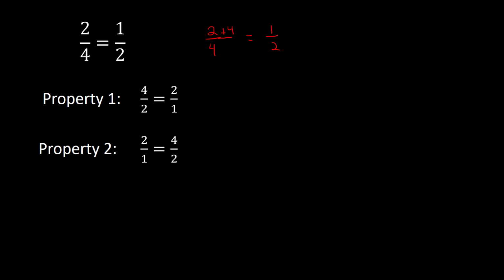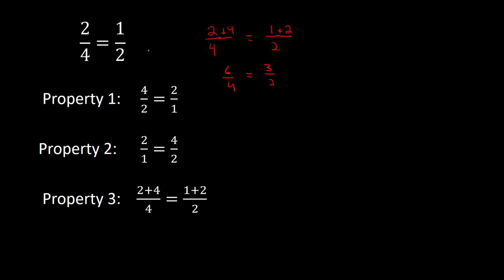And over here, the denominator is a 2, so I can add 2 to this numerator. This would be an equivalent expression, where now I would have 6/4 equals 3/2. And notice that would be a true statement. 6/4 could reduce to 3/2. So that is your third property. You can add the denominator to the numerator and do that for both ratios.